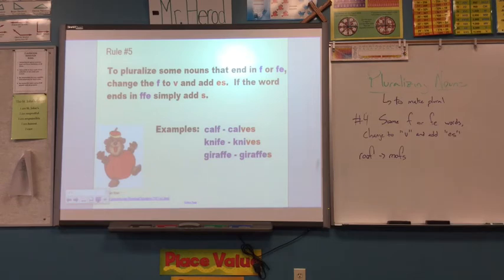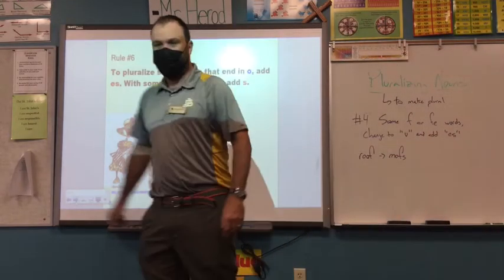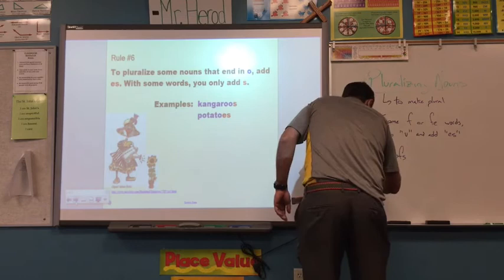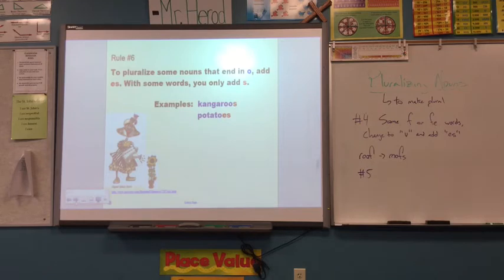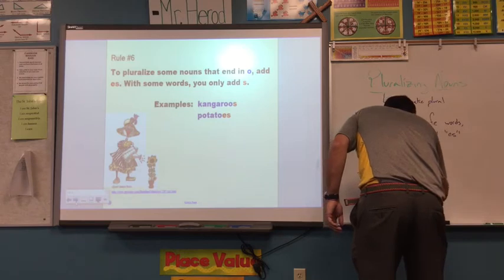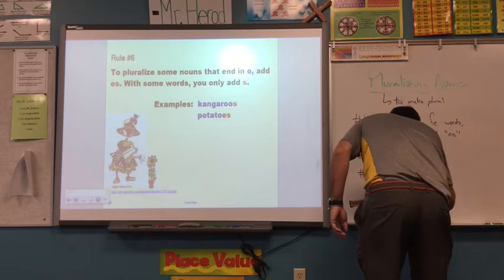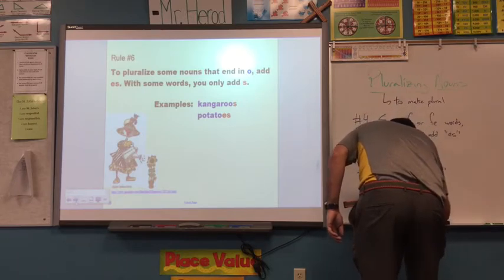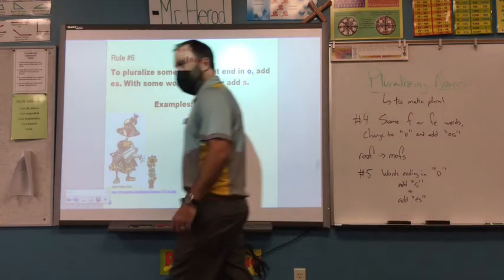Let's look at what she calls Rule 6, but we're going to call Rule 5. Rule 5, or her Rule 6, is the worst rule ever. It's talking about words that end in O. Words that end in O add S or sometimes add ES.